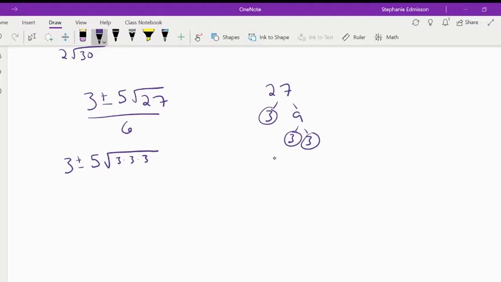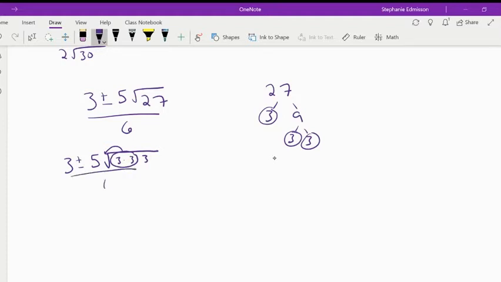Now we circle our pairs, and we know that that pair is going to go out, and it's going to be multiplied by the number that's already there. Remember, this is 5 times root. There's a multiplication symbol there. Whenever you don't see any sort of operation symbol like plus, minus, divide, and a number is directly next to something else, that's always going to be a multiply.